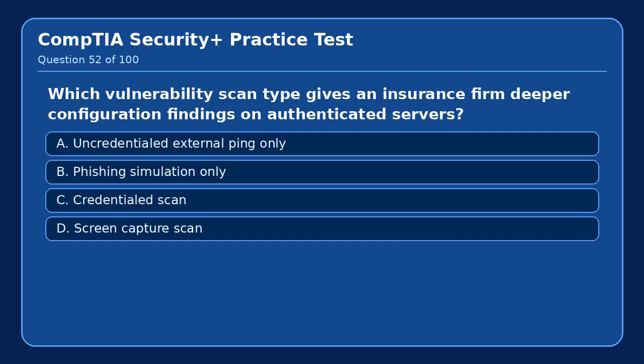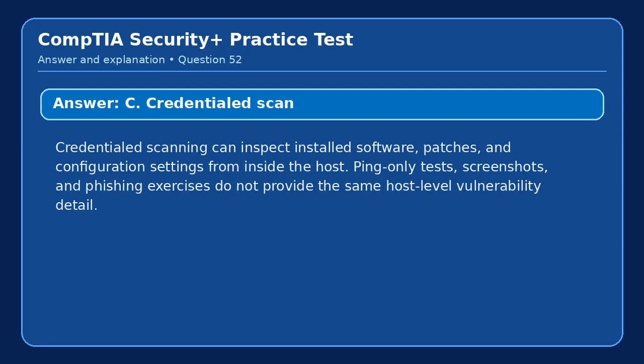Question 54. When a scanner flags a service that is intentionally blocked by compensating controls, what should a university department do? A. Validate and document whether the finding is a false positive or accepted risk. B. Assume all findings are always exploitable. C. Disable every control around the service. D. Delete the scanner report without review.